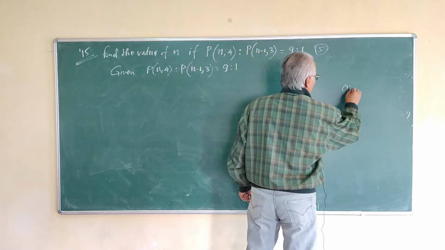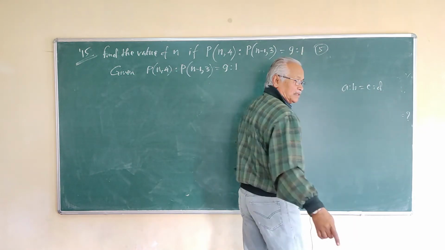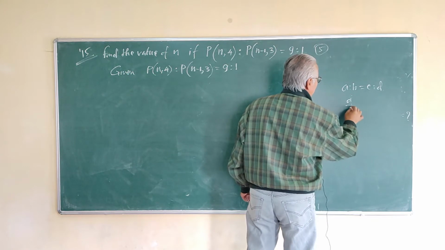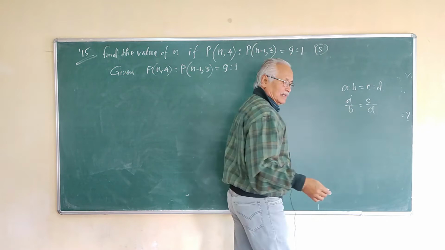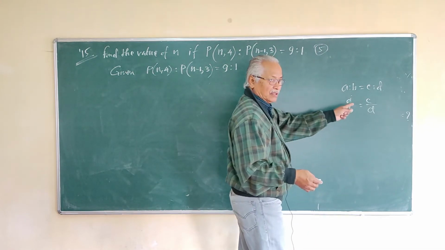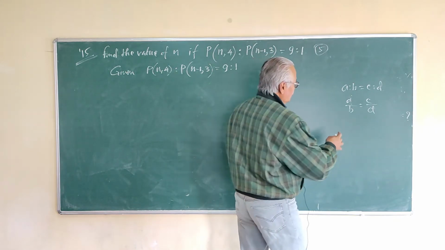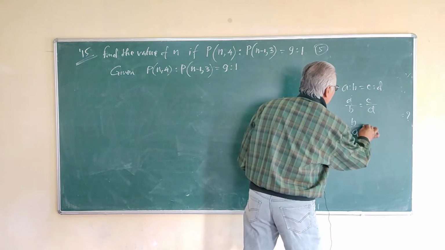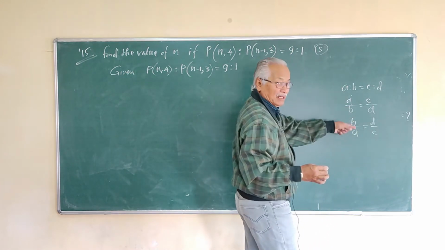If A is to B is equal to C is to D, we can write it in the fractional form. That is, A divided by B must be equal to C divided by D. And of course, the related things, you know invertendo. In ratio and proportion, what is invertendo? If a relation is like this, you can write it as B by A upon D by C. That is, both of them are inverted.